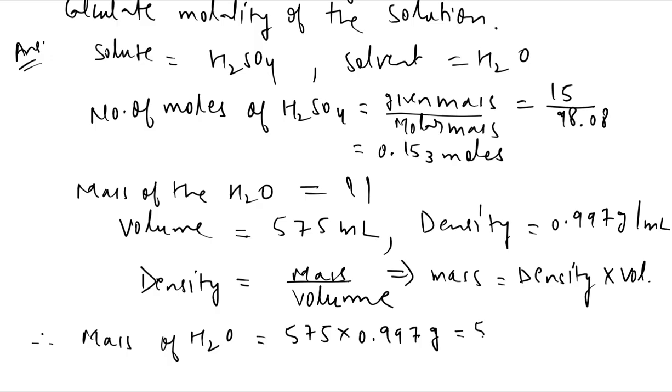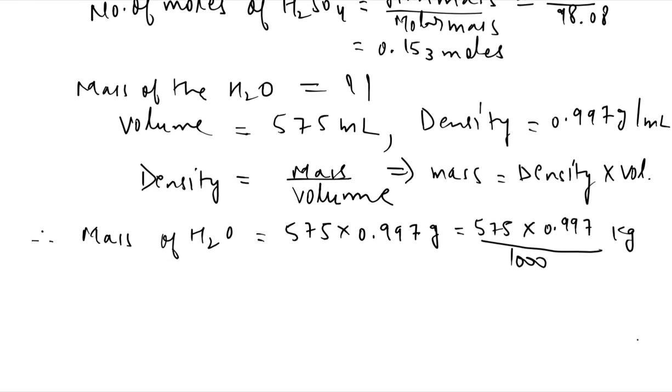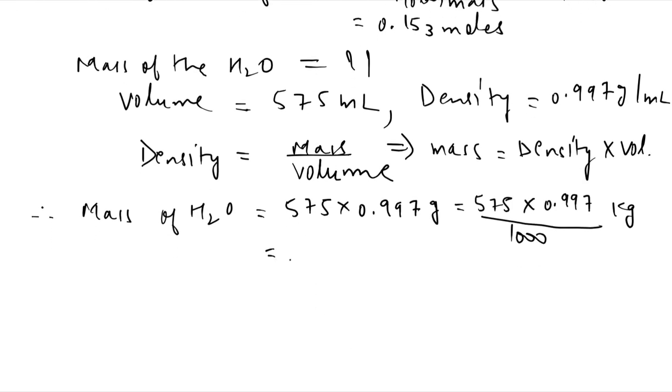So this will be 575 multiplied by 0.997 divided by 1000 kg. So this will be the mass of the water. So if you calculate this, you will get 0.573 kg. This is the mass of the water.